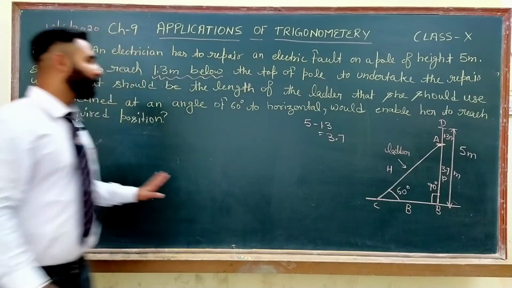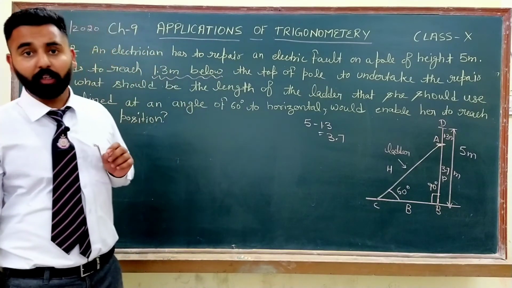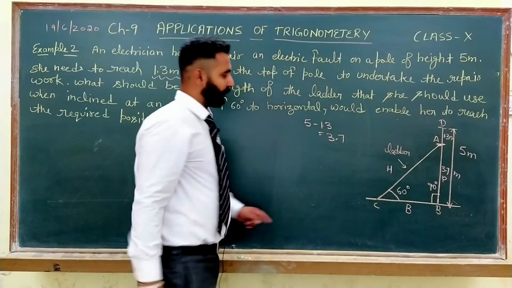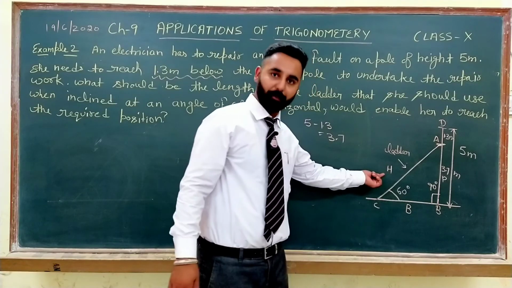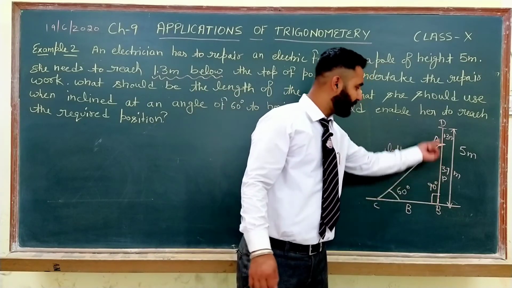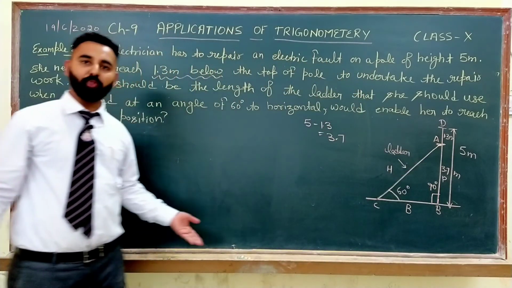Now check what you have to find out. Find out the length of the ladder. Means this thing, AC. AC in these words we can say hypotenuse. What thing is given to you? Perpendicular is given to you, 3.7. Hypotenuse you have to find out.